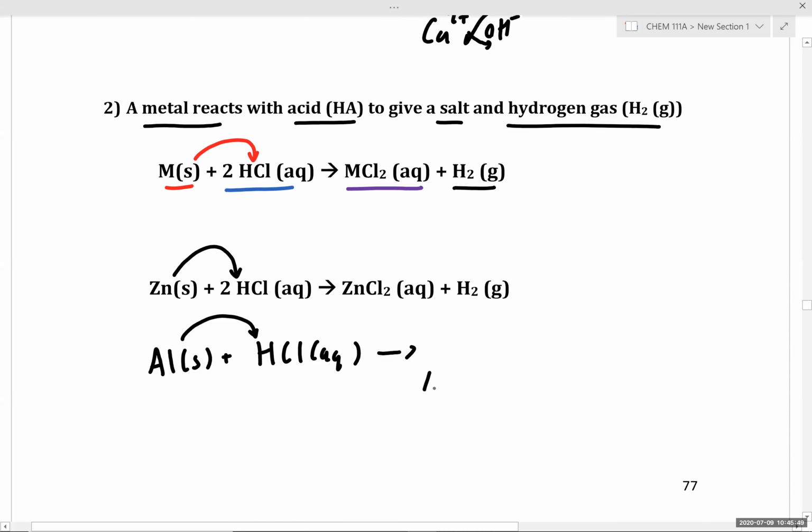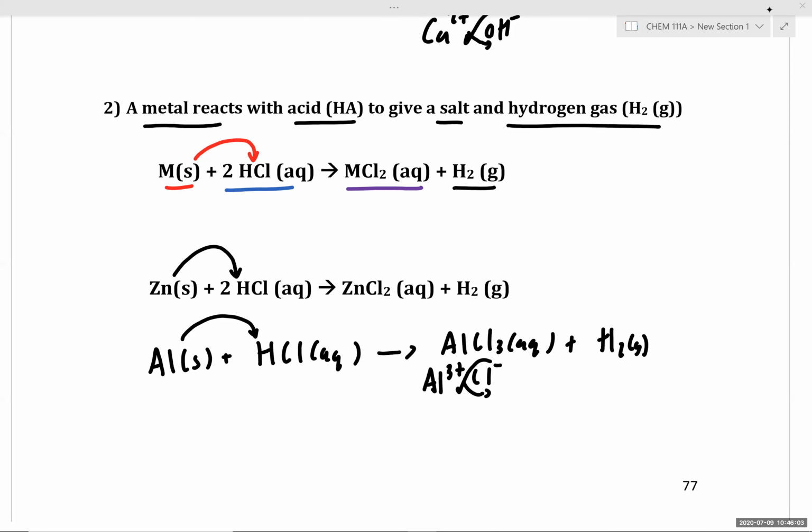And again, we write out our charges, aluminum 3 plus, Cl minus, we cross our charges, that gives us AlCl3, aqueous, and hydrogen gas. Now that we have our skeletal equation established, we can now balance our equation by adjusting the coefficients. So again, you write out the skeleton of your equation and then you balance it.